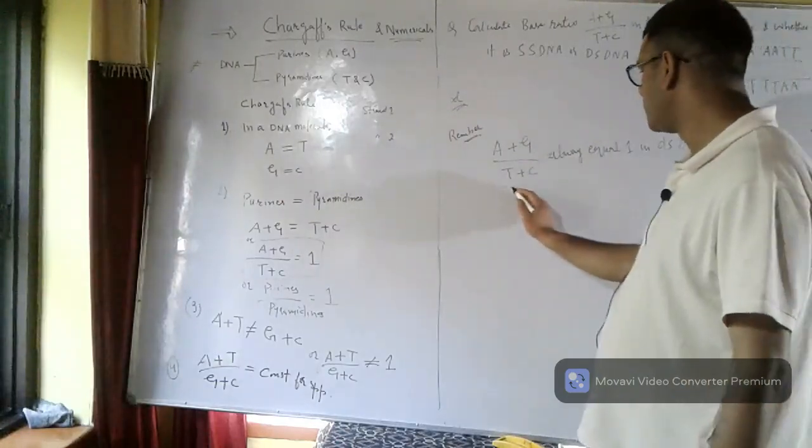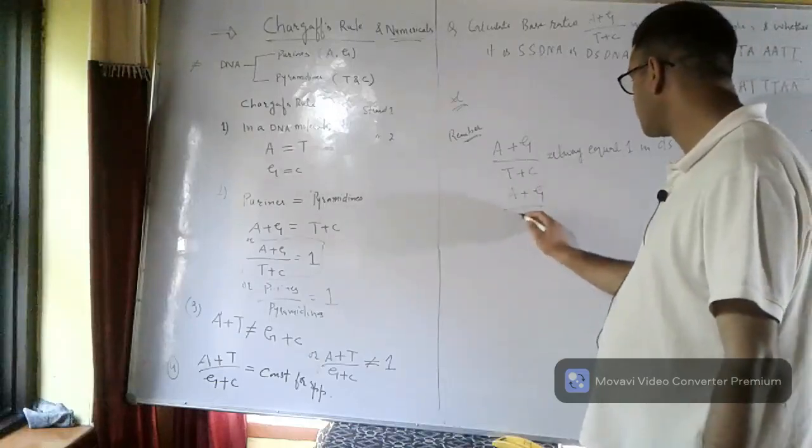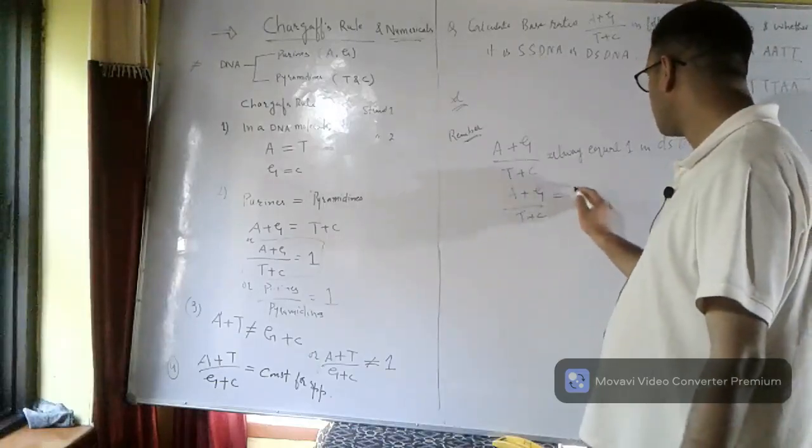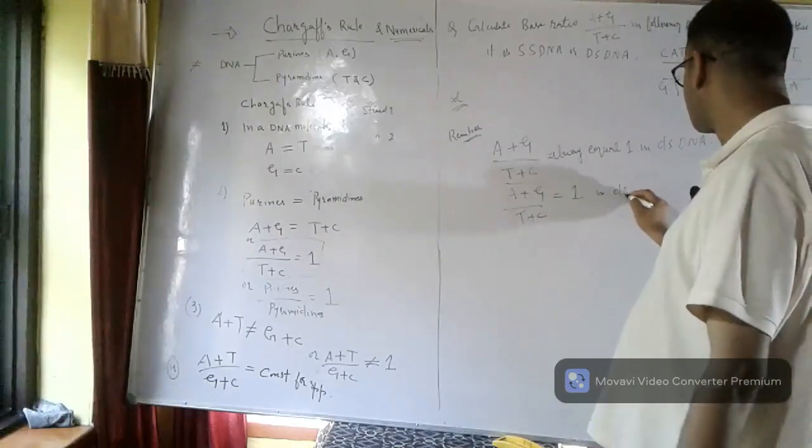That means purine by pyrimidine, adenine plus guanine by thymine plus cytosine, is always equal to 1 in double stranded DNA molecule.